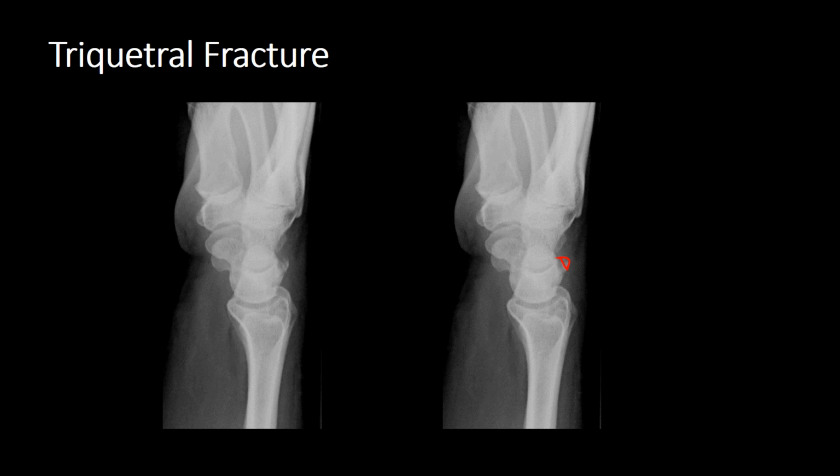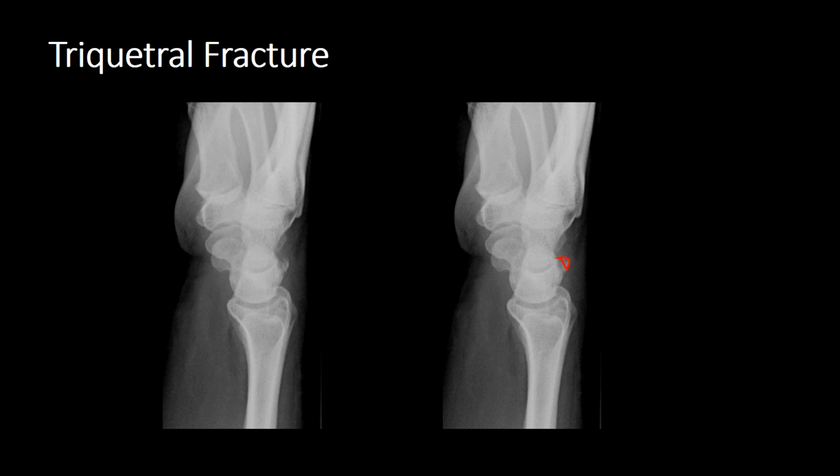But most commonly, what we're looking for is an avulsion fracture, which is seen in the soft tissues just dorsal to the lunate. And in the context of PAM 3006, you can describe this as a triquetral fracture.